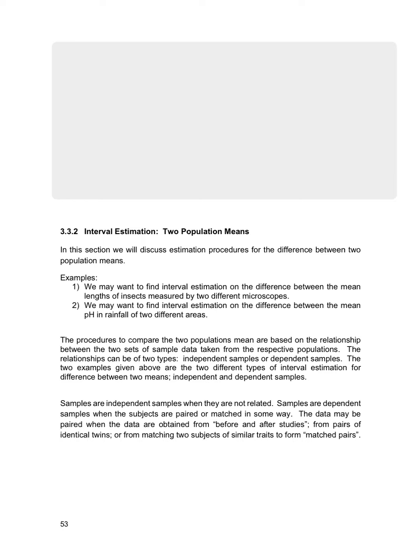The procedure to compare two population means is based on the relationship between the two sets of sample data taken from the respective populations. For example number 1, we have two different microscopes, and we want to know whether there is any difference between the two microscopes in terms of the length of insects measured.